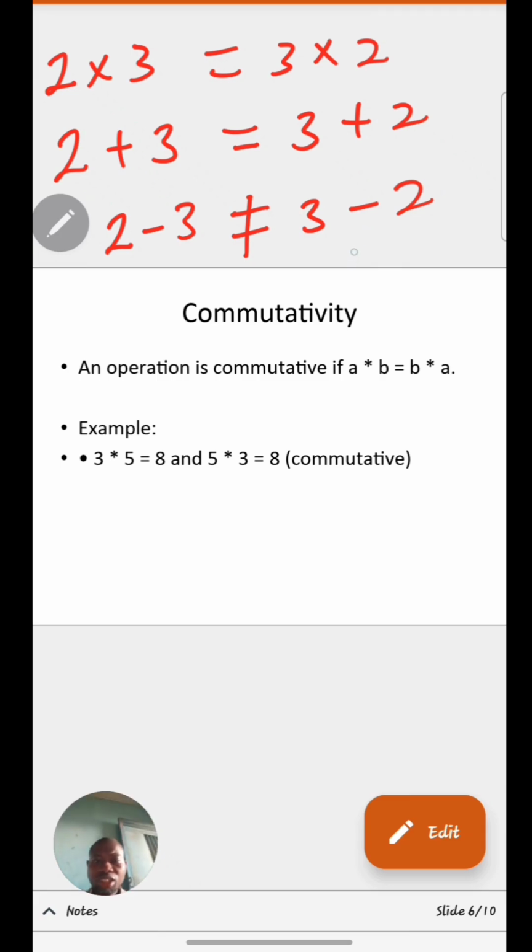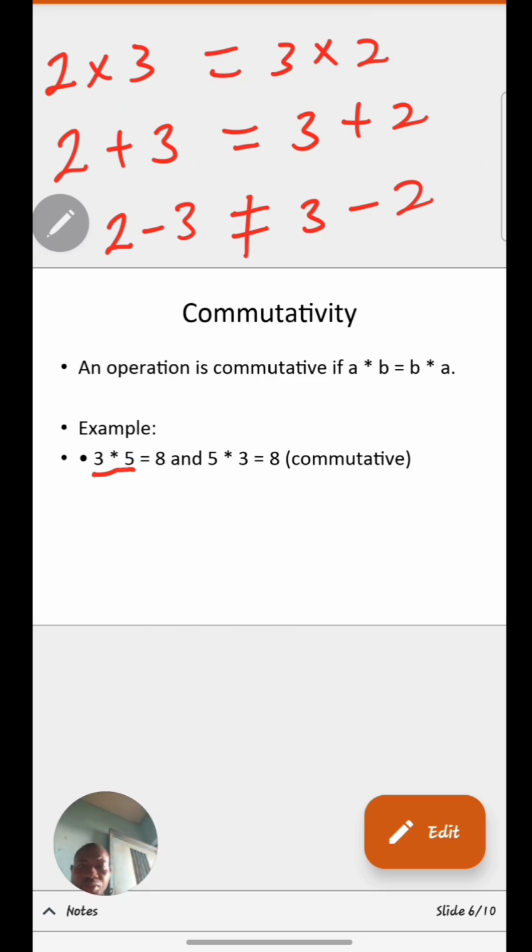So commutativity doesn't apply to subtraction. But multiplication and addition could be commutative. Let's look at this example. When we have 3 operation 5.